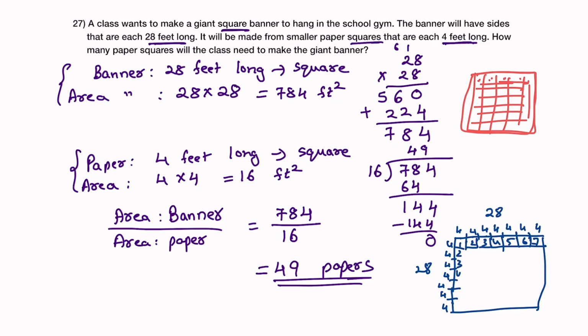So you multiply 7 times 7. You get 49. So that's what you want here. That was just a way of understanding the question. You can visualize, that gives you an idea about what you need to do. Okay, let's go to the next one.